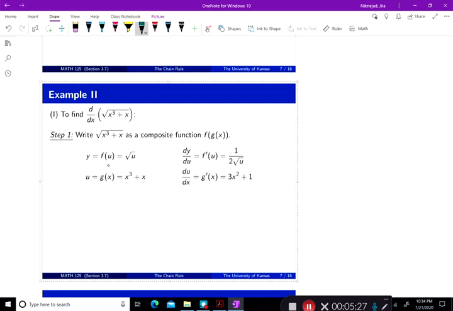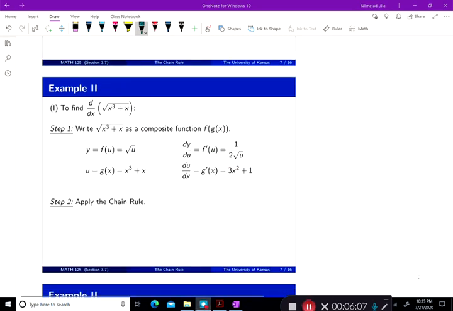So f prime of u, the derivative of y with respect to u, is the derivative of the square root of u with respect to u, which you can write as u to the power 1/2, then it's 1/2 u to the power negative 1/2, which is 1 over 2 square root of u. And then take the derivative of the other function, x to the third plus x, and that is 3x squared plus 1. Now apply the chain rule.